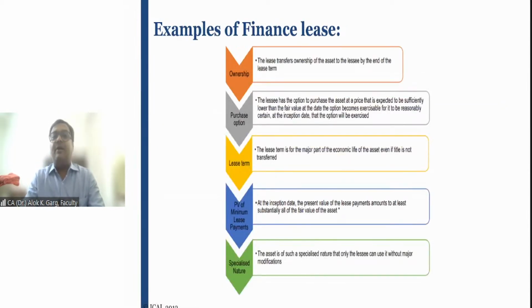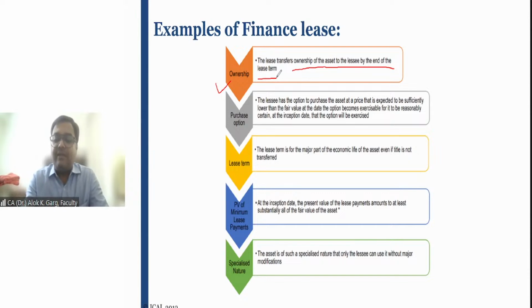There were some examples or indicators of when a lease will be considered a finance lease. These were given in the standard in AS 19 as well as in Ind AS 116. The first indicator relating to ownership: the lease transfers ownership of the asset to the lessee by the end of the lease term. Say you are auditing a client, and when you are reading a lease agreement, your client has given an asset on a lease basis.